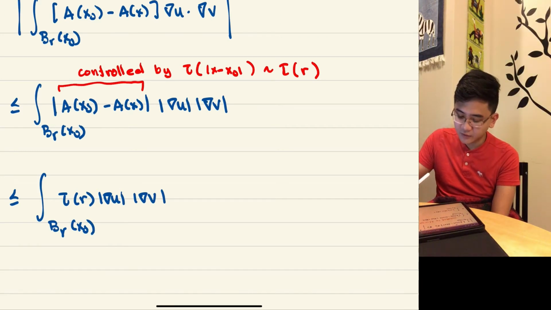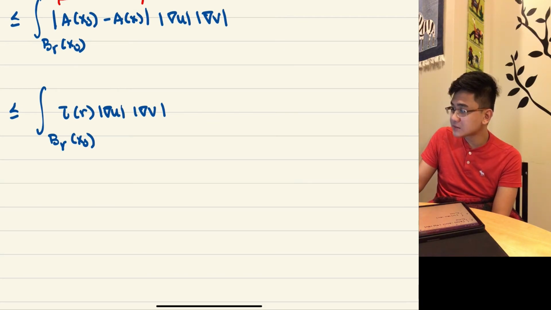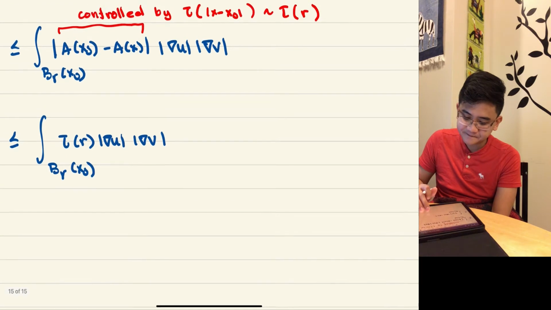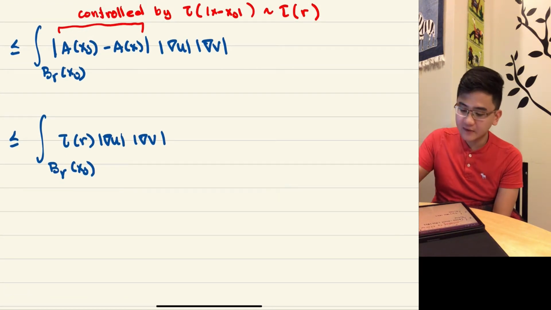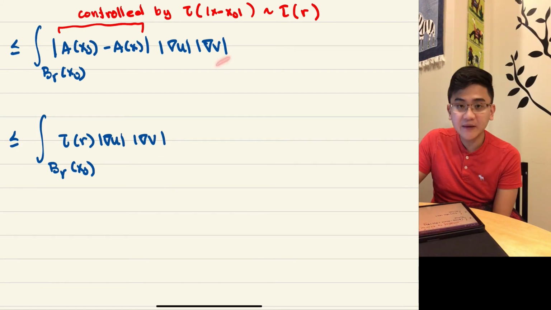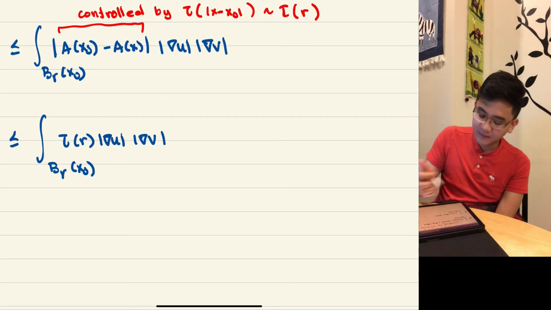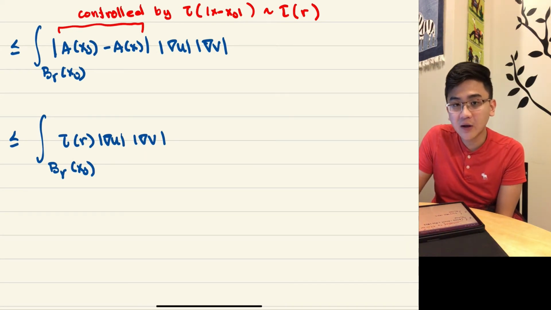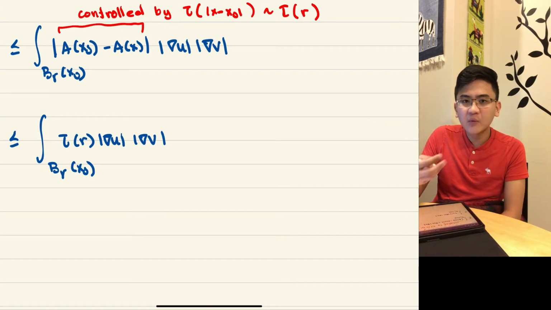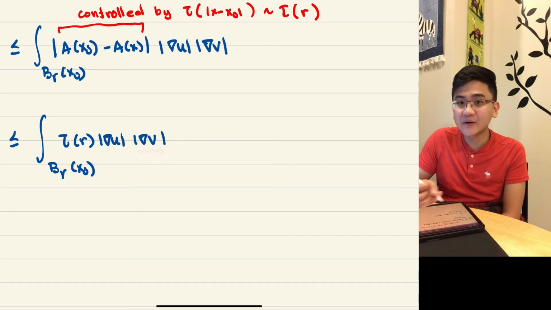So what are we going to do now? At this point, we're not going to use Hölder inequality because grad v appears already. You might be wondering, I want to estimate a product of things, so I should use Hölder's inequality. But remember that we want estimates in terms of grad v, and grad v is already here.